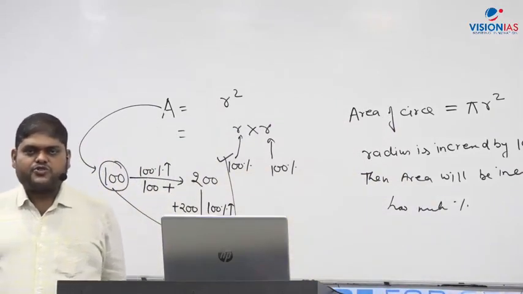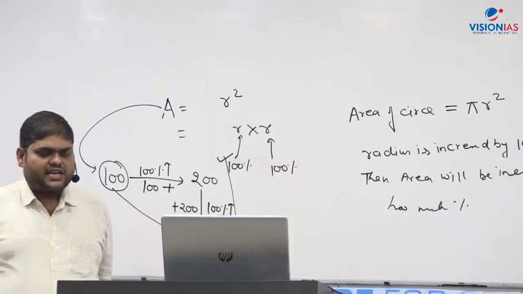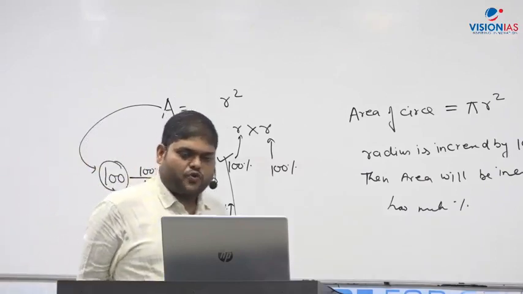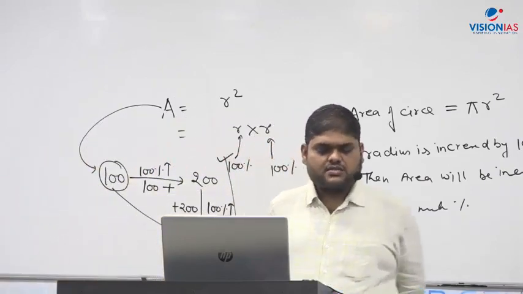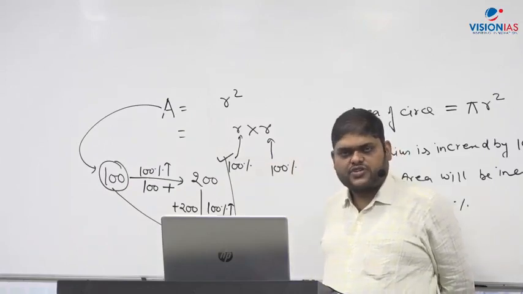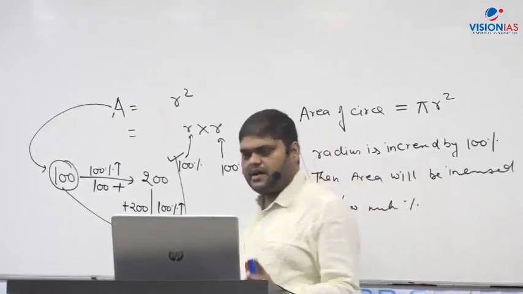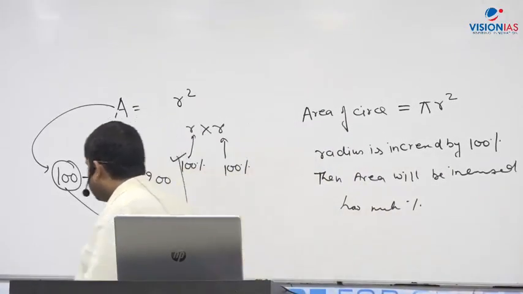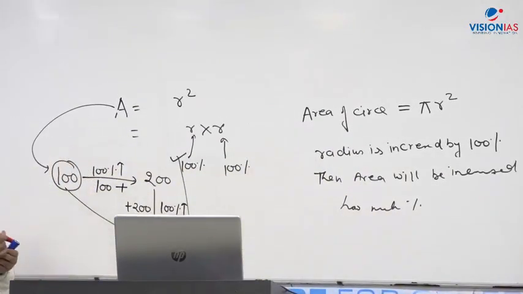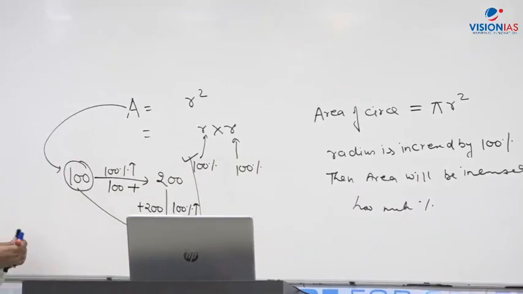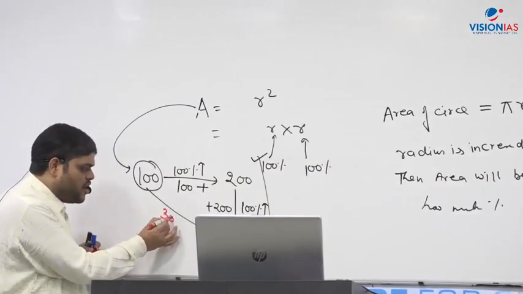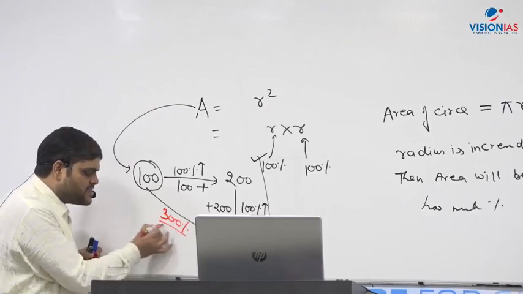Now I am giving the options. The first option is 300, the second option is 400, the third option is 200, the fourth option is 100. Yes, most of the people are correct. Always remember this thing: the increment is 300%.